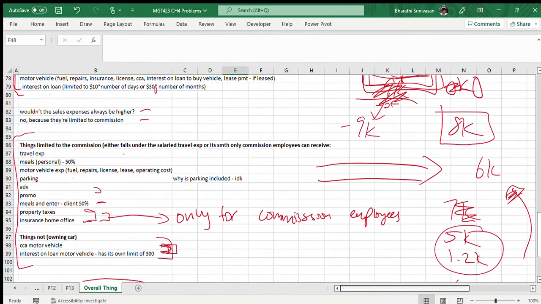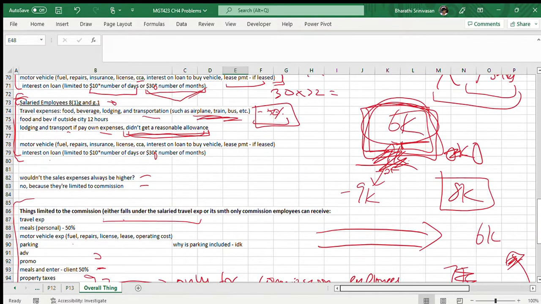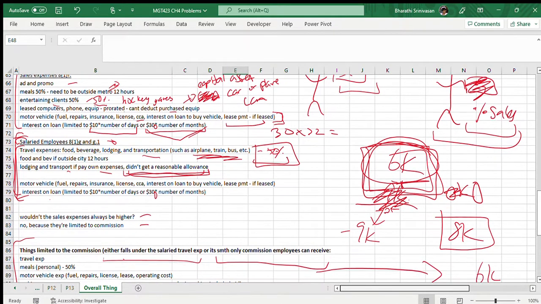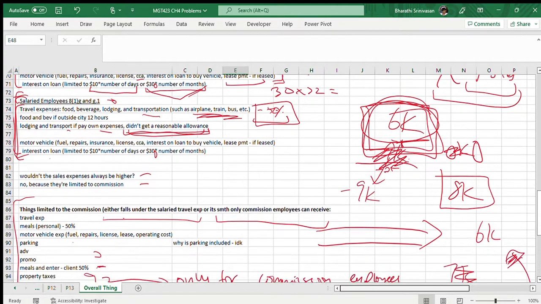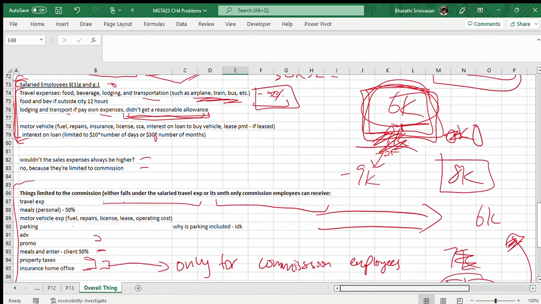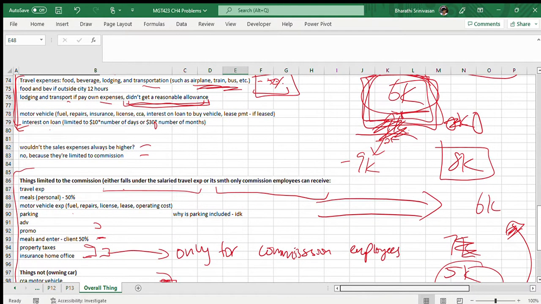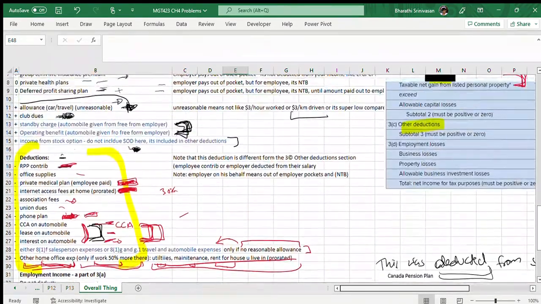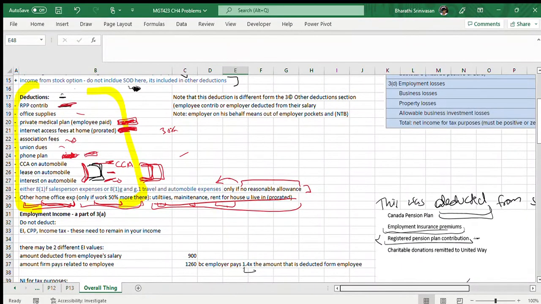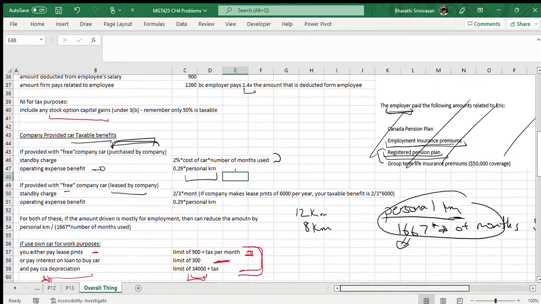Things that are limited to the commission. So just something to remember is that things that are limited to the commission fall under the salaried travel expenses, like all these things, plus things that only commission employees can receive. So for example, one thing that doesn't fall under the limit is stuff like normal home expenses, like the other office home expenses, because why?